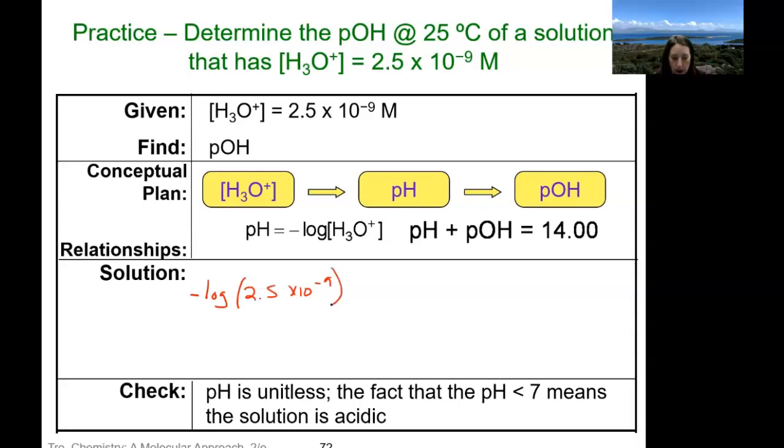That's going to give us our pH, right? Which is 8.6. This is our pH, but they asked for POH. So we take 14 minus 8.6.